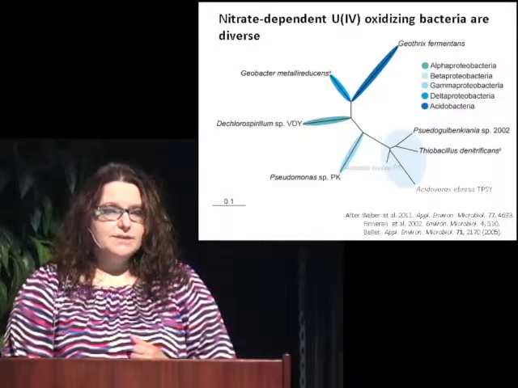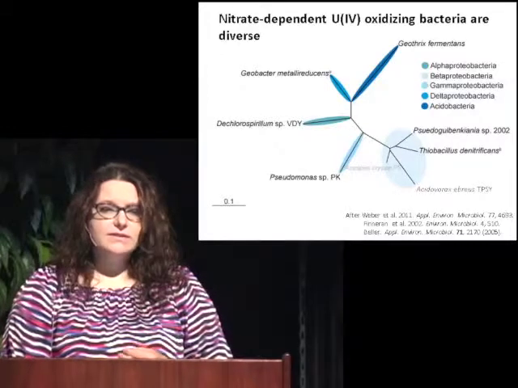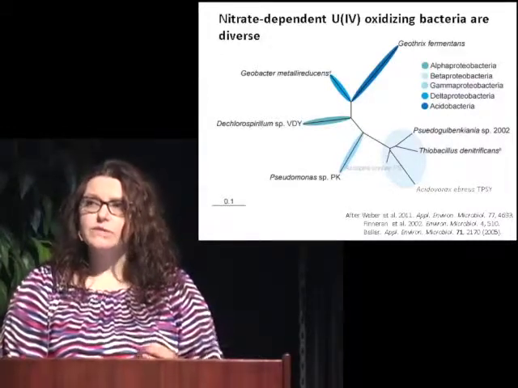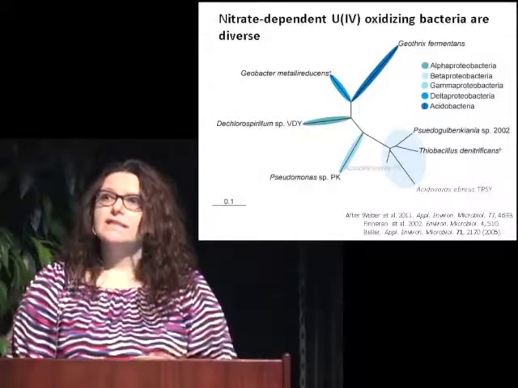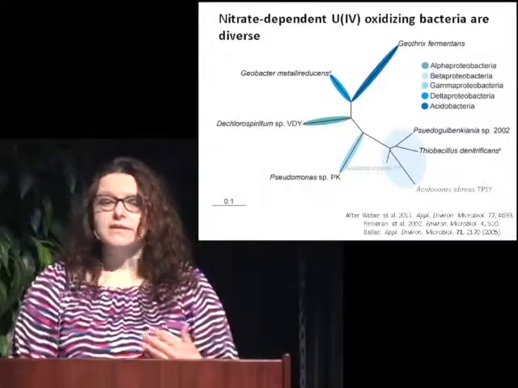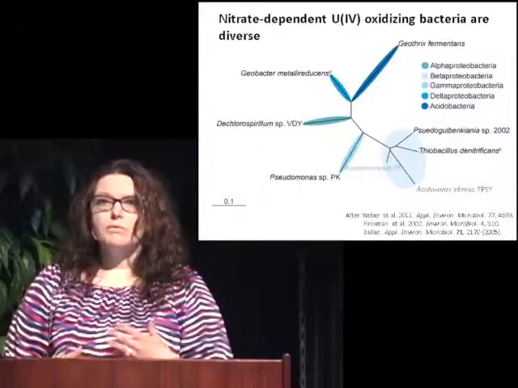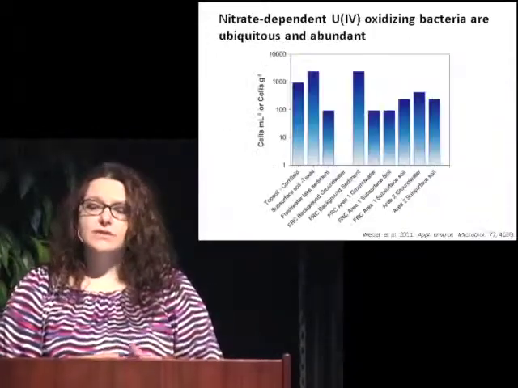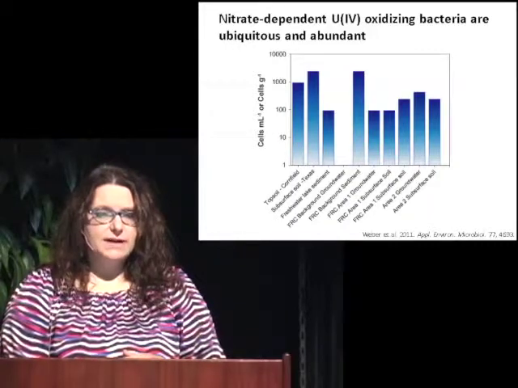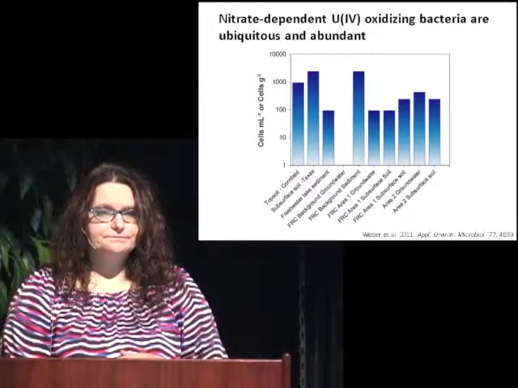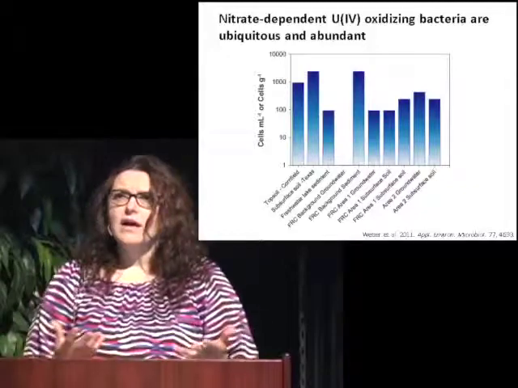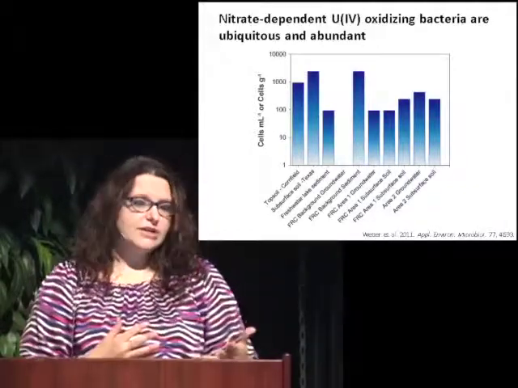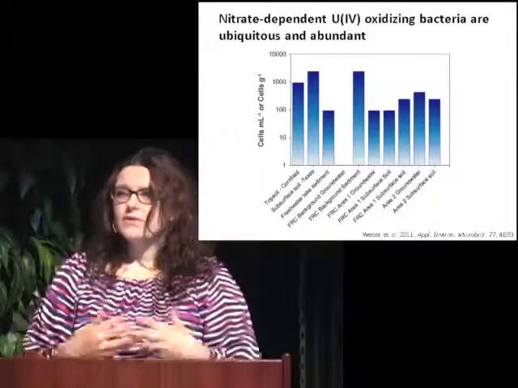Other studies had demonstrated Geobacter metallireducens as capable of oxidizing uranium, and I just want to note that this organism was originally isolated as a metal reducer. So it's commonly attributed that this organism would be a uranium-reducing organism, but it is also capable of nitrate-dependent uranium oxidation.